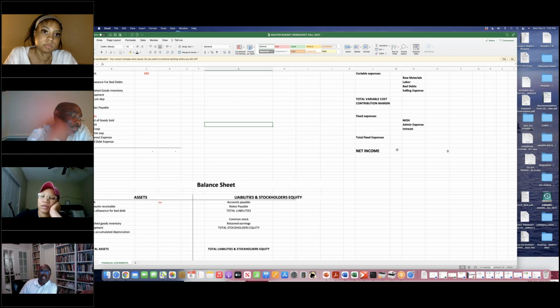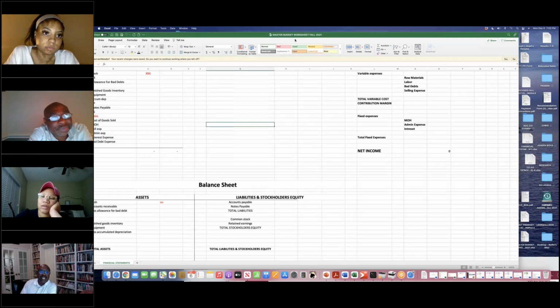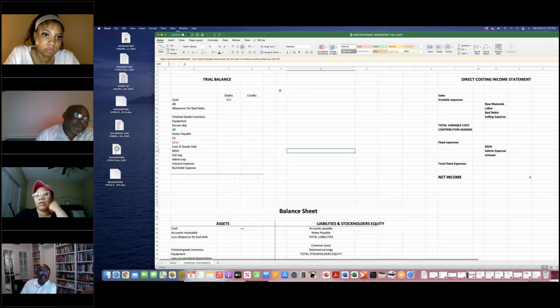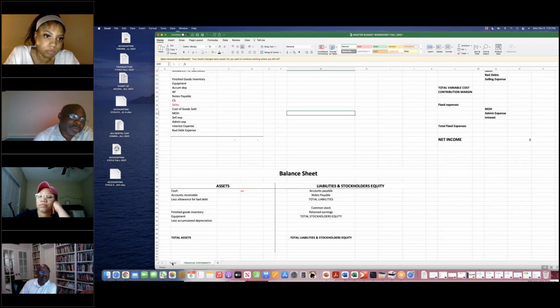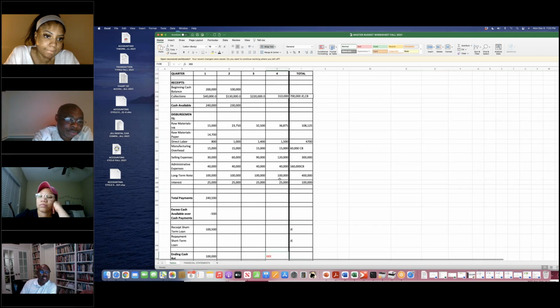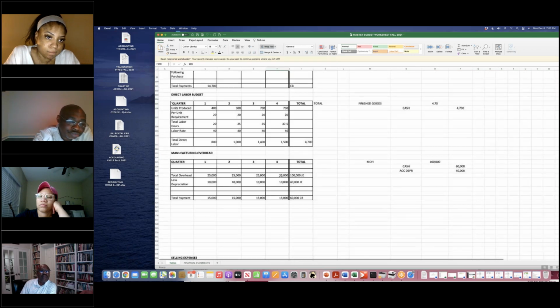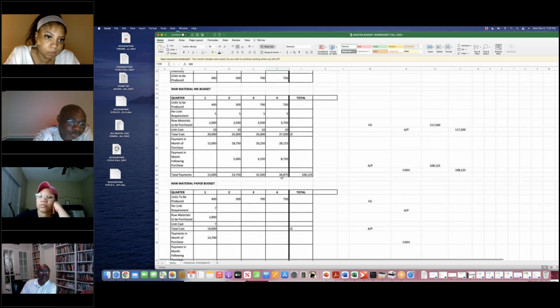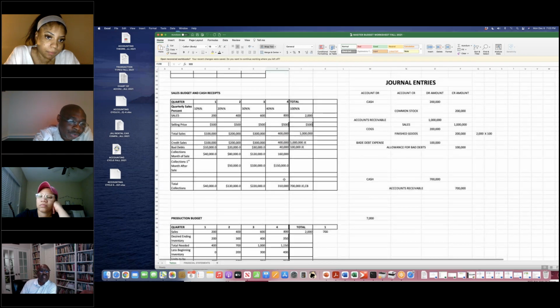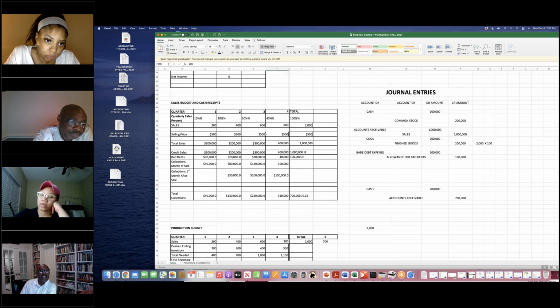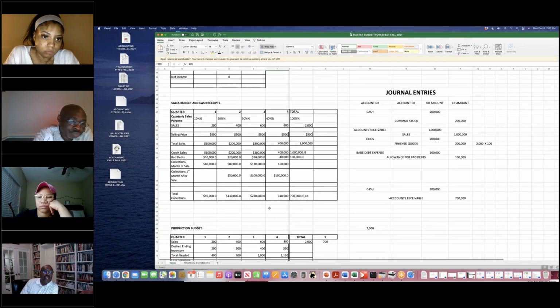If you are using Excel and you got your formulas correct, then when you get to the sales budget, nothing changes on the sales budget except the quantity. So if you link these correctly, or however you do it, all of the other things stay the same. It's just your quantity each time.